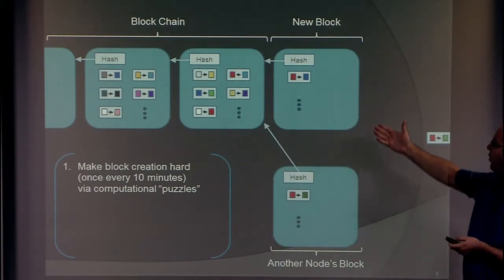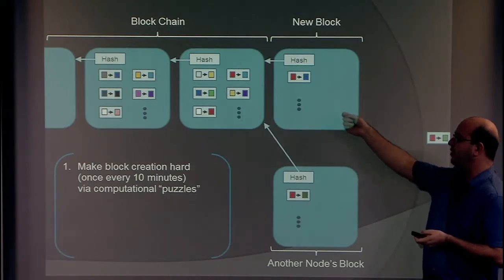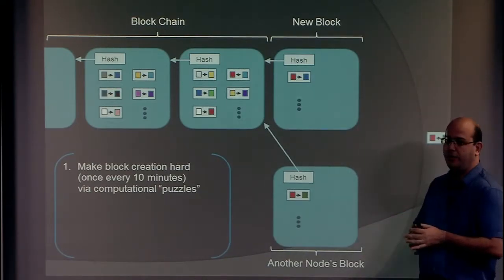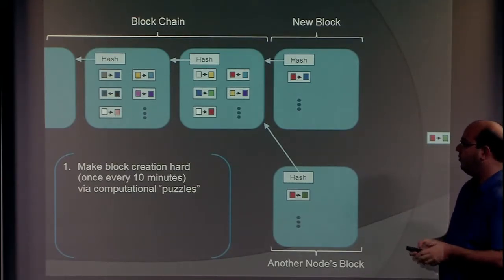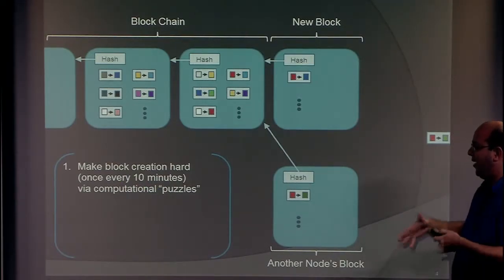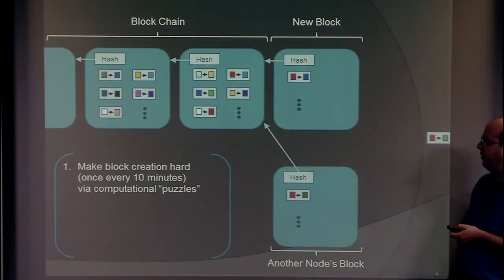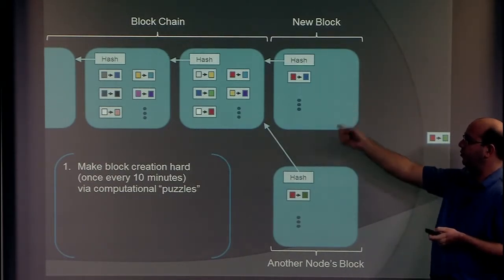So this now throttles the block creation and makes it really slow. So we create a block every 10 minutes or so through the entire Bitcoin network. That means that there are batches of transactions that are being processed, accepted all together. And this is a very long period of time to wait. But the end result is that we almost never have these sorts of collisions happening.